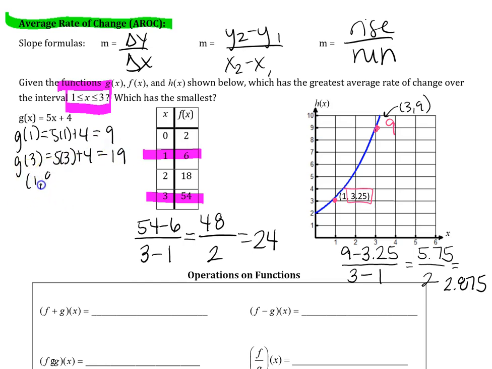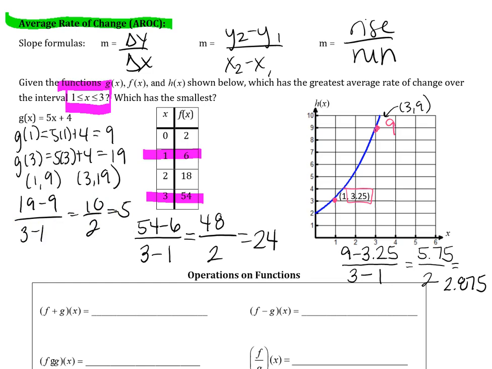Okay, so you have the coordinates 1, 9 and 3, 19, and then do the slope with that. Another thing you could do is plug this into the y equals in your calculator and look at a table. Like I said, I think I'm faster evaluating it, but if you're worried you're going to make a mistake, you can do that as well. So from there, I've got 19 minus 9 over 3 minus 1, 10 over 2, which is 5.